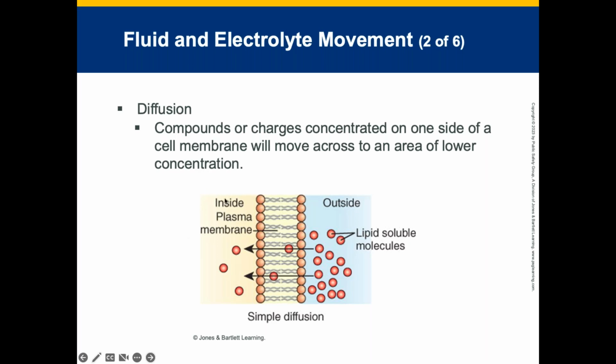We have lipid soluble molecules on the outside that pull through based on electrical charges, through the gradient wall down the middle into the inside plasma membrane, pulling from greater concentration on the outside to lesser concentration on the inside to meet homeostasis. If we have an imbalance, that's where our labs start becoming off.